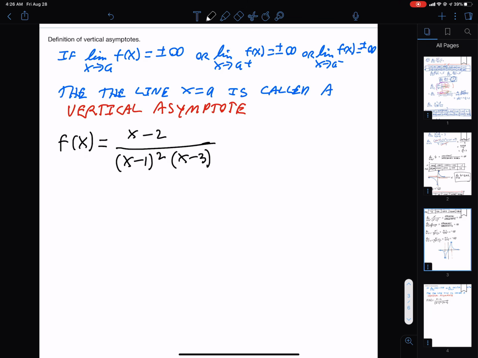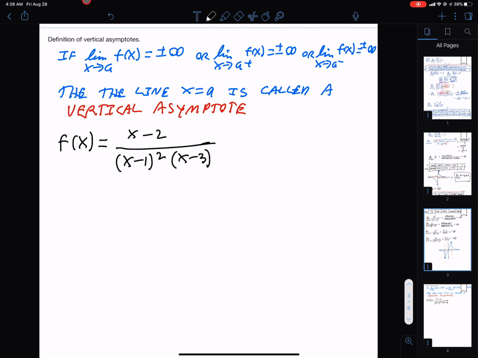Okay, hopefully you said 1 and 3. Now, first you have to make sure that nothing cancels. If something cancels, you have to cancel first. But at 1 and at 3, if you plug in 1 here, the top's a constant and the bottom's 0. If you plug in 3, the top's a constant and the bottom's 0.